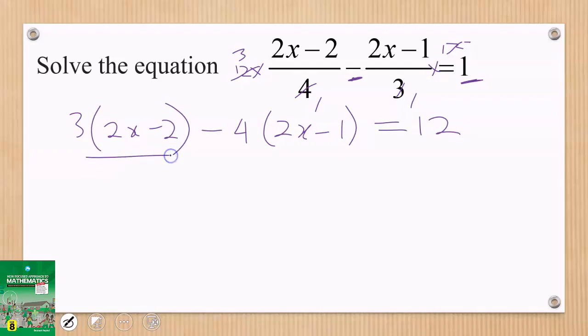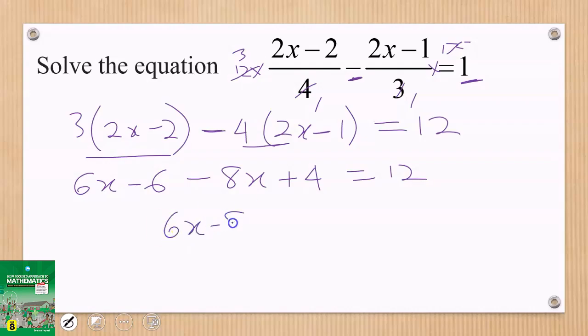Then we expand and simplify. So the first term here we have 6x minus 6, right? Then minus 8x. Then negative 4 times negative 1 will give us plus 4, right? Is equal to 12. Good. We can group like terms and simplify further. So 6x minus 8x will be equal to the 12, which is here.